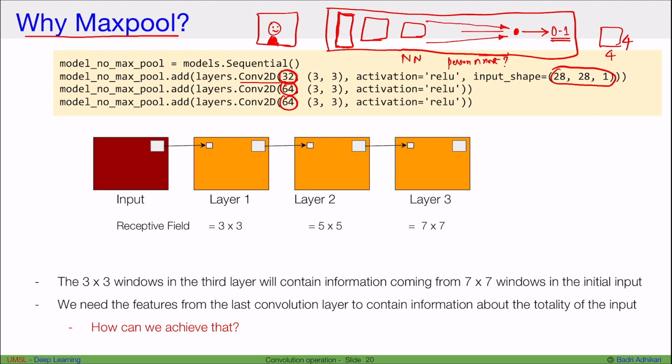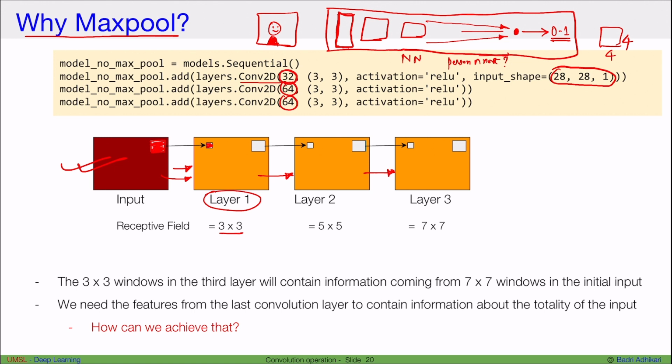So here's my input image, and in the first convolutional layer, we have these filters where every piece of the input volume gets mapped into a single value. Since this is a 3 by 3 filter, it shrinks the input by a little bit, but overall, here's our first layer. And then similarly, we have the second layer and third layer and so on.